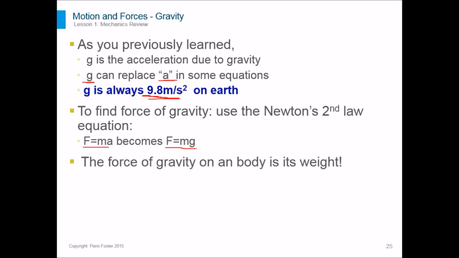Okay? So what we're actually finding here is the weight. Using physics language, we're saying it's the force of gravity on the object, but it's the weight. It's the object's weight. If you know what you weigh, your weight is how much the Earth is pulling on you. It's the force of gravity on your body.